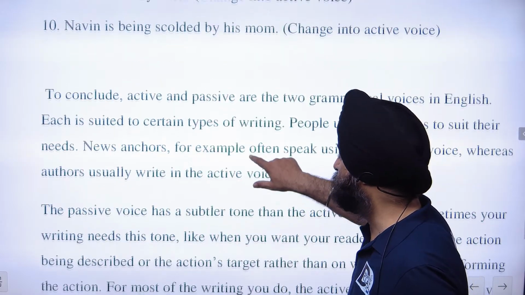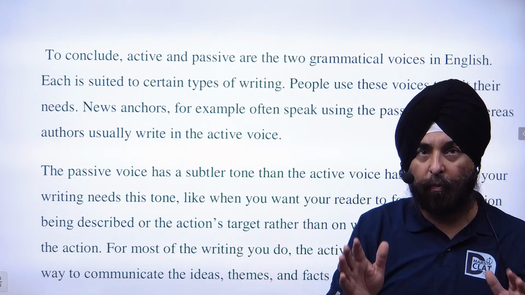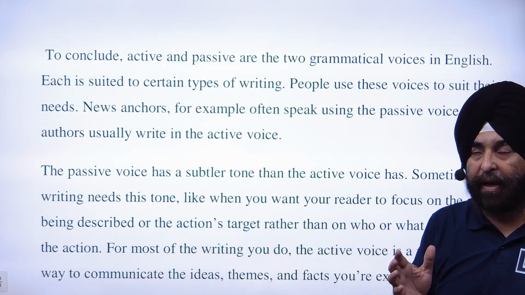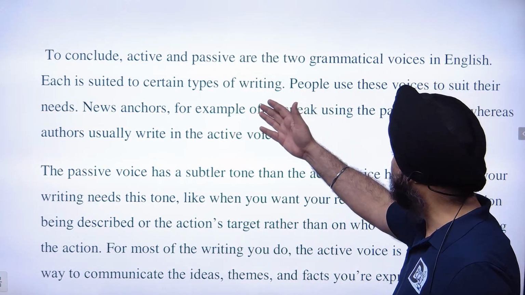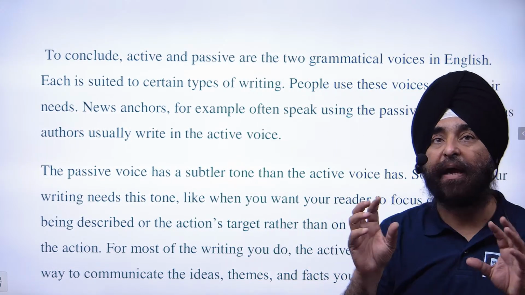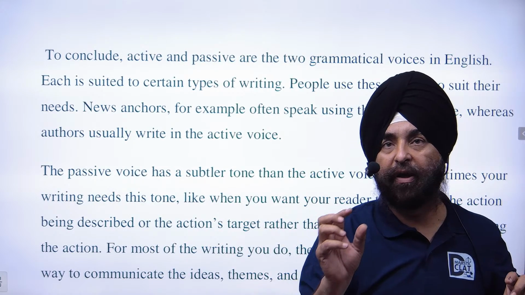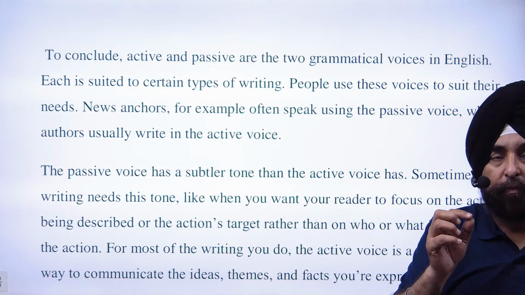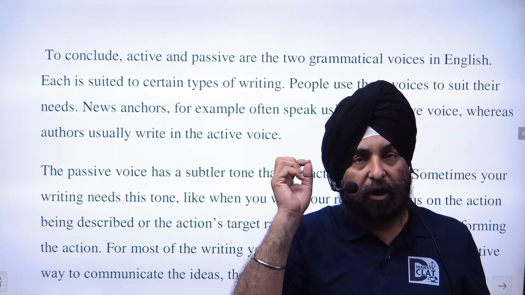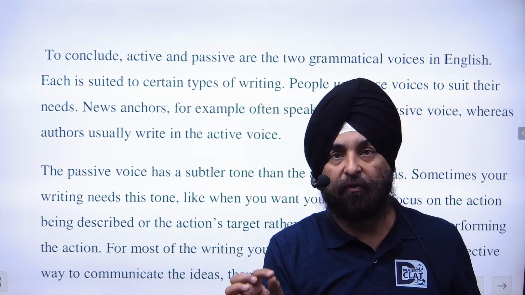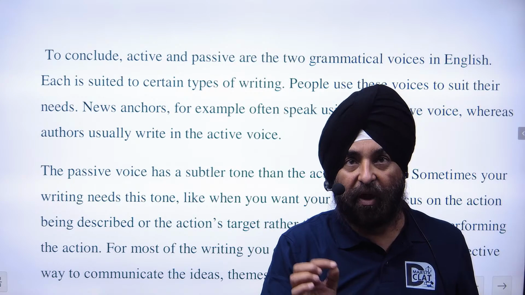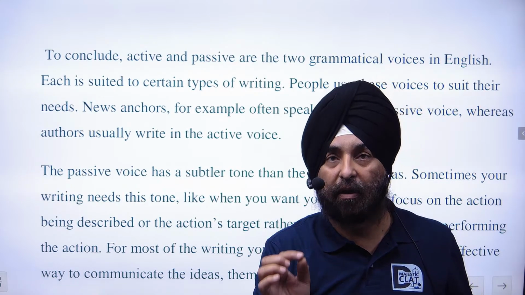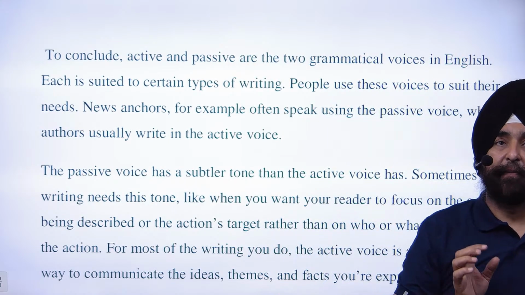So when we move to the concluding side of this topic, these are basically the two grammatical voices that we make use of in English. So why do they hold importance? Because the use of active or passive voice in any passage will in itself be indicative of what the author or the writer is trying to say.